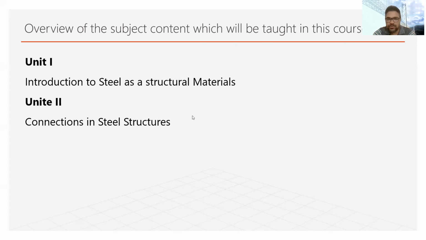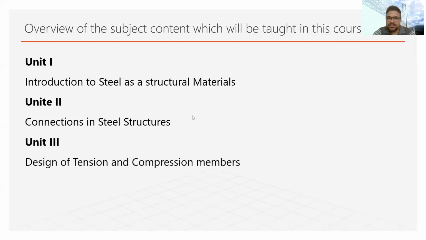Now, here I would like to say that riveted connections and pin connections are basically obsolete, and in the code we will be using, there is no specification of riveted and pin connections. So basically we will be more focused on bolted connections and welded connections. We will study and design connections using Indian standard and specifications.